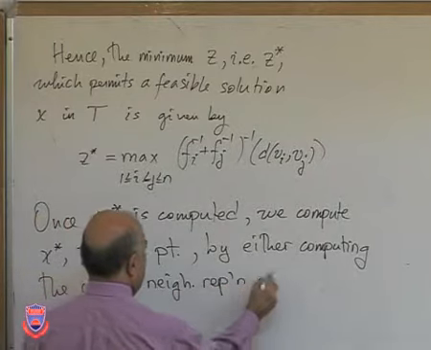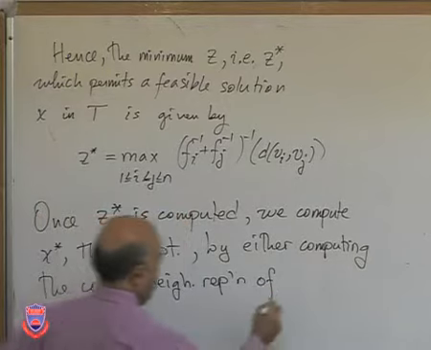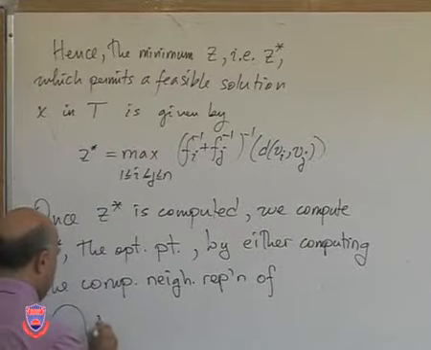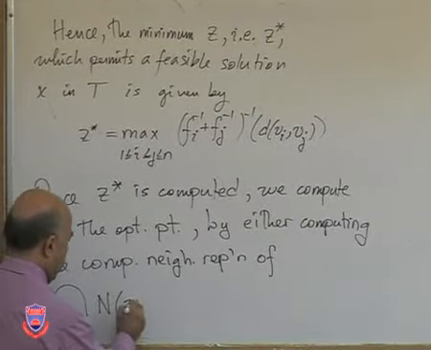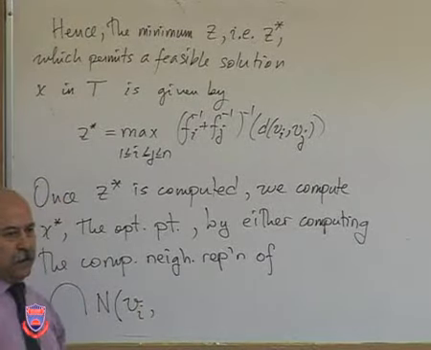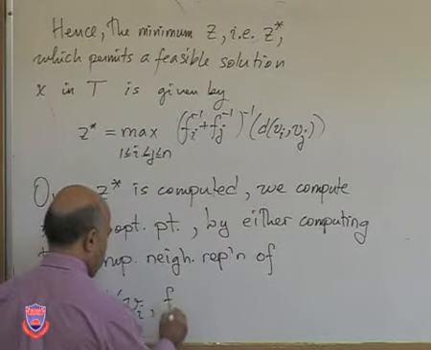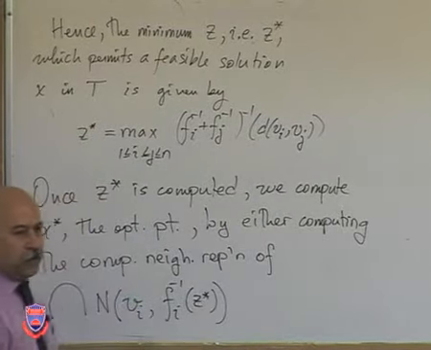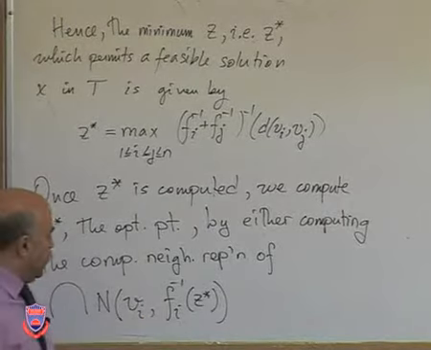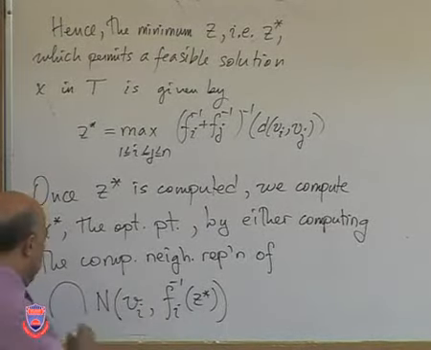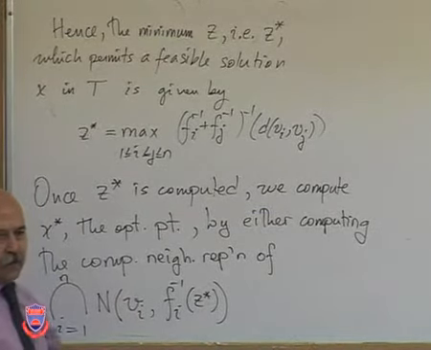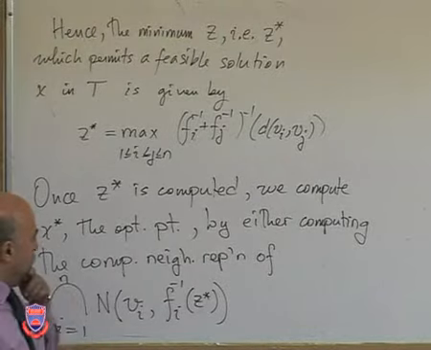of the intersection. What's the intersection I want to represent? It's the intersection of the neighborhoods around the vertices vi, where the upper bounds are how much? Fi inverse of z star. Z star is now a known number, so Fi inverse of z star is a known number. And when you intersect these neighborhoods, or find the composite neighborhood intersection using the sequential intersection procedure, then you're done.